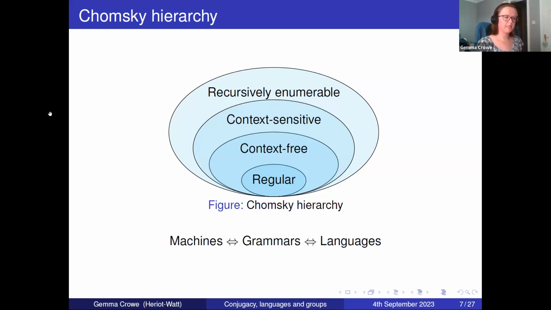For today's purposes, I'm going to stick with definitions using something called grammars, purely just to make things a little bit easier and to keep things in one type of definition. But like I say, these definitions are all equivalent. So if you've seen a finite state automata definition, it's the same idea that we're going to go through. Okay, so grammars themselves are simply just a mechanism of generating languages.